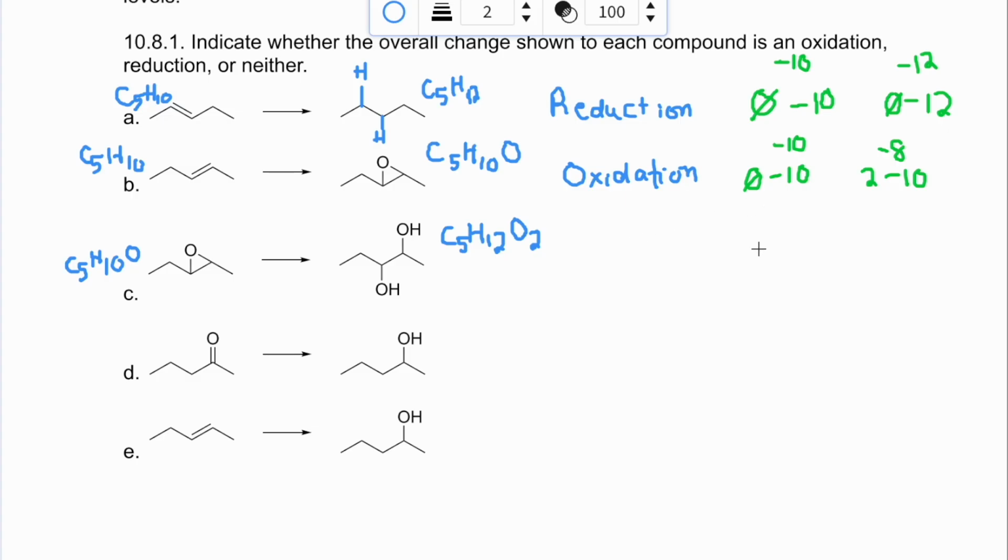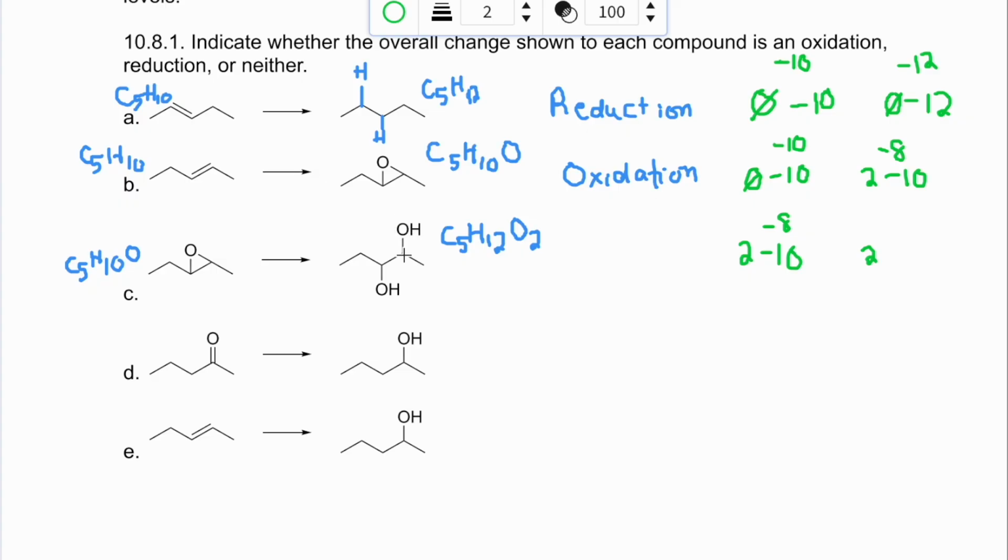I'm not sure the bookkeeping is going to work completely for this one. I guess it will if you're just careful. So this starting material, you have 2 carbon-oxygen bonds, and you have 10 carbon-hydrogen bonds, giving us a -8. And then in the product, we have 2 carbon-oxygen bonds still, even though there's 2 oxygens. There's more oxygens in the product, but there's still those 2 carbon-oxygen bonds.